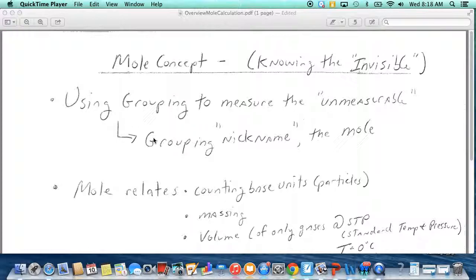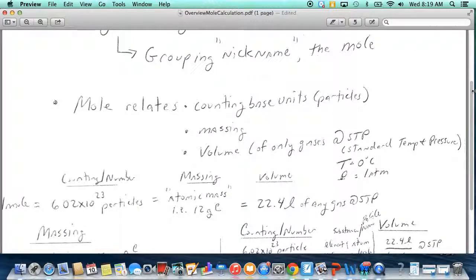The mole is actually a unit that will allow us to go between three different properties. The first one is that a mole can be related to the counting of particles, or to the massing of particles, or to the volume of particles. Now with the volume, it's a little more technical.